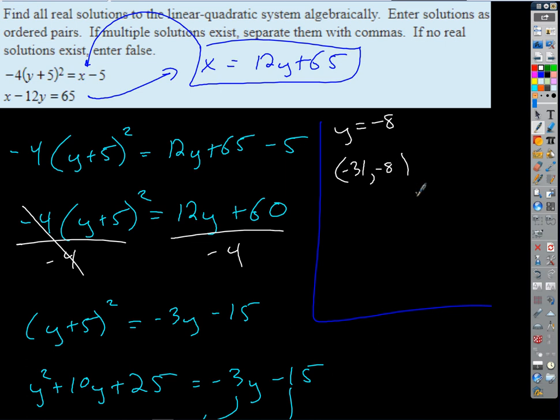So there's one point, right? We want the other one. If y equals -5, we're going to get -60 plus 65 is 5. Okay, does that make sense? Everybody see that? So those would be our two solutions.